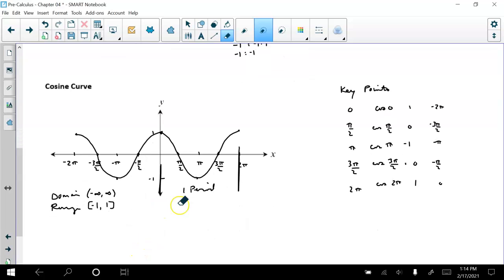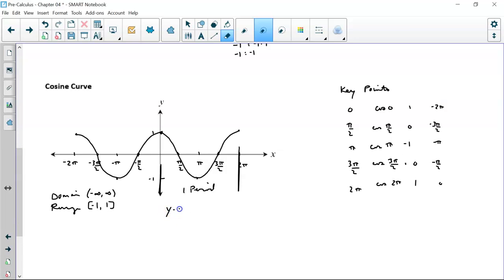Now, cosine has y-axis symmetry. If you were to fold this graph along the y-axis, all the parts would line up, which means it's an even function. And as a refresher, what the even function means is that f of -x equals f of x.